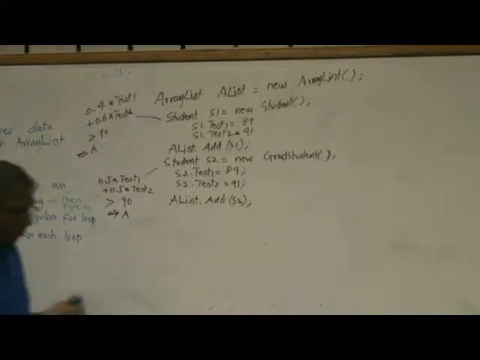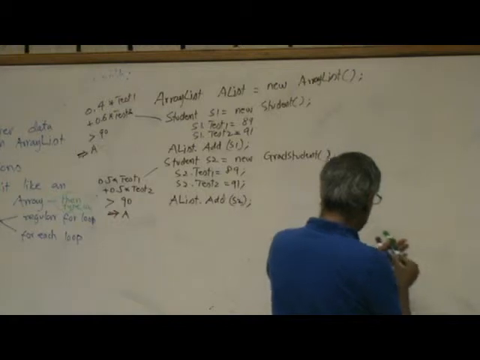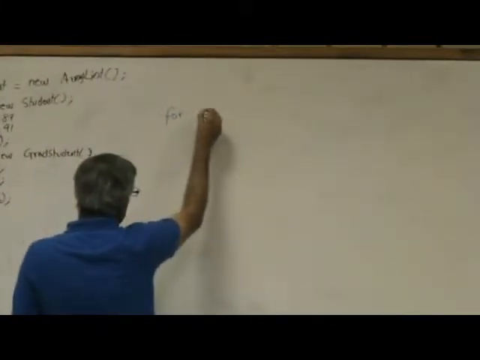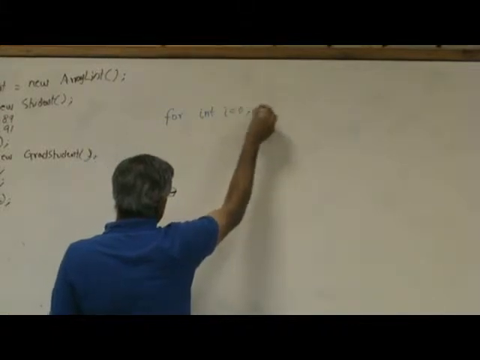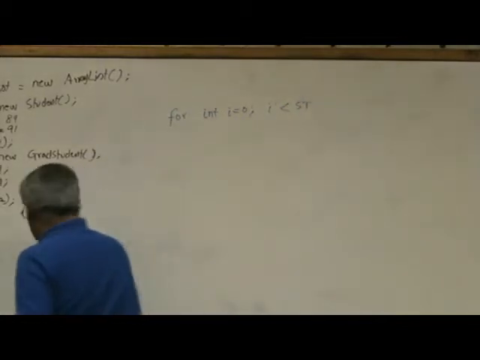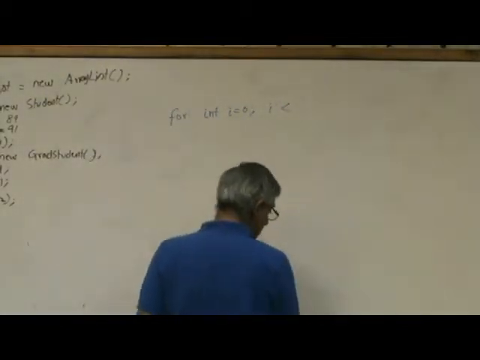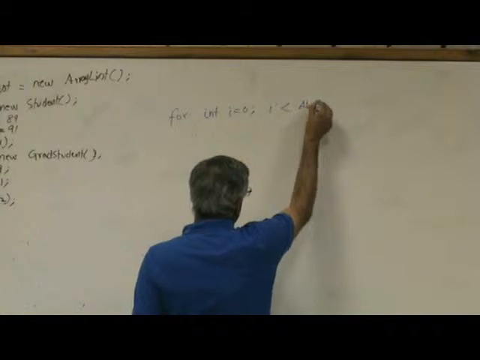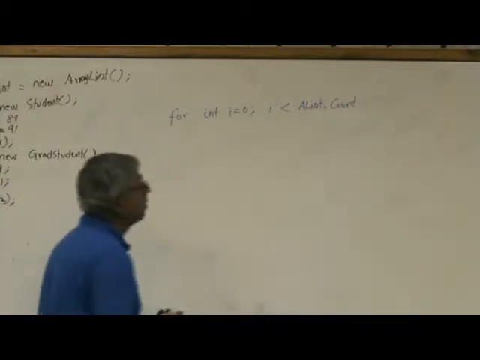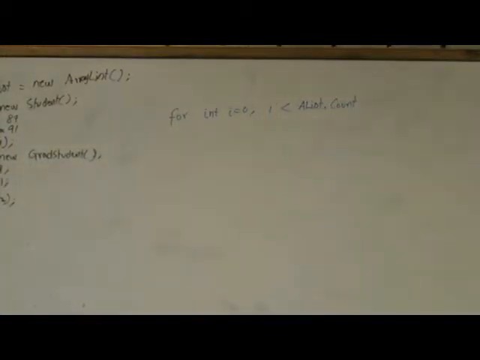Okay, so we can write a regular for loop. Our regular for loop will look something like this. For int I equal to 0, I less than, we called it a list dot count. So just like an array has the length property, all collections have a count property, which lets us know how many elements are stored in the collection.